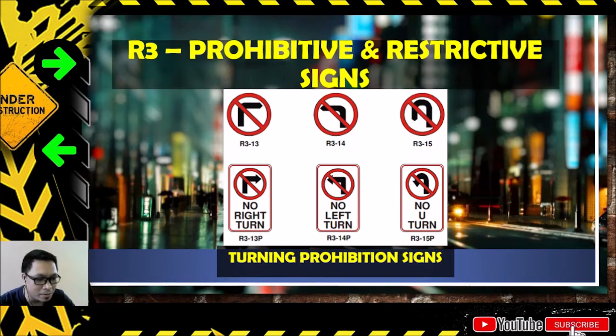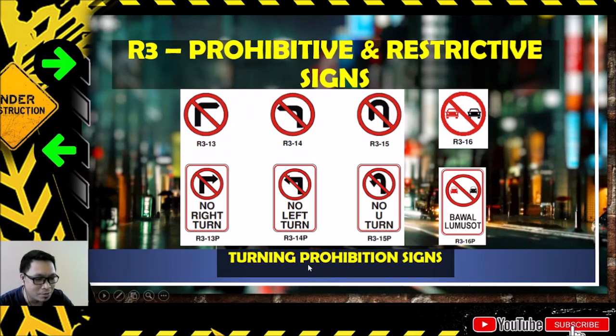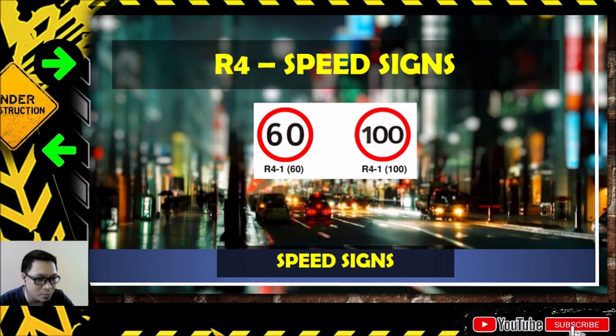That is why it is good to include the text or caption of what the symbol means. This type of symbol, as you might see, are turning prohibition signs.